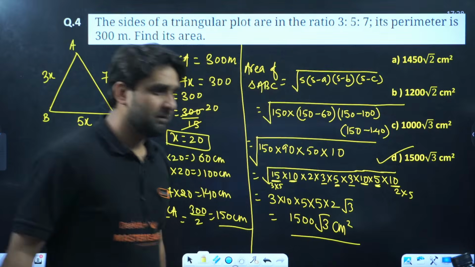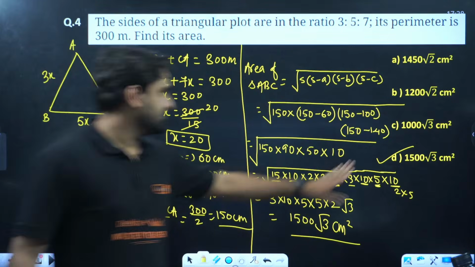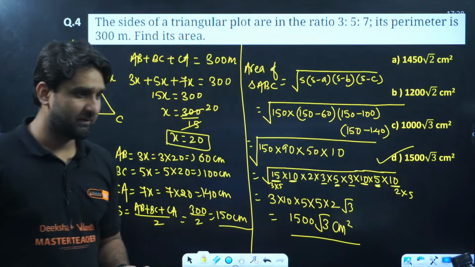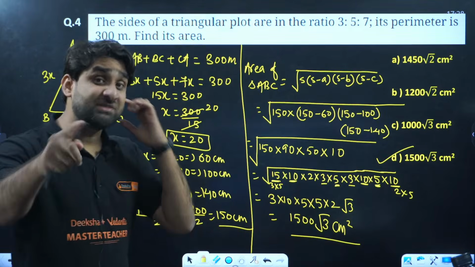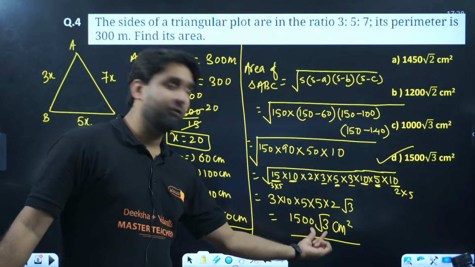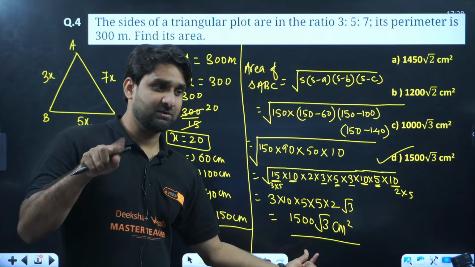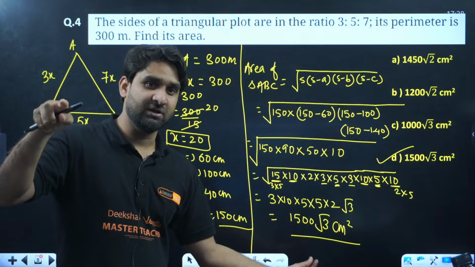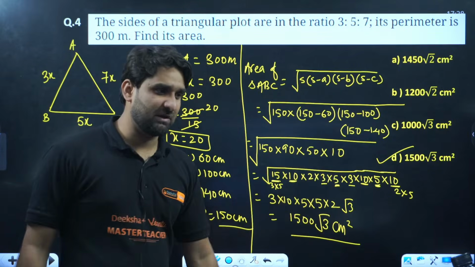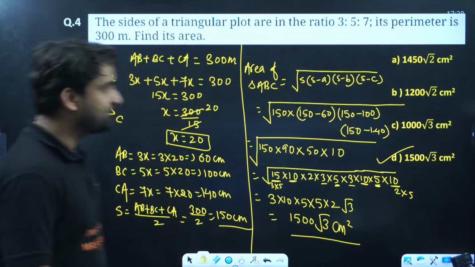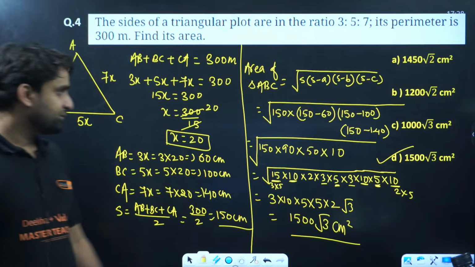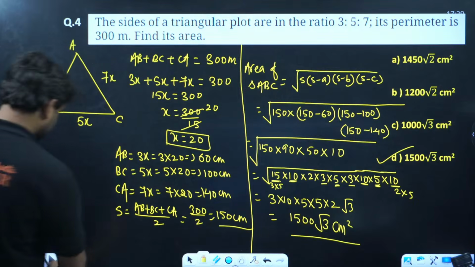So option number D will be the correct answer, 1500 root 3 centimeter square. And if you want to calculate the answer in decimal, you can put the value of root 3, which is 1.73. After calculating, the answer will come in decimal form. Clear? Moving to the next question.